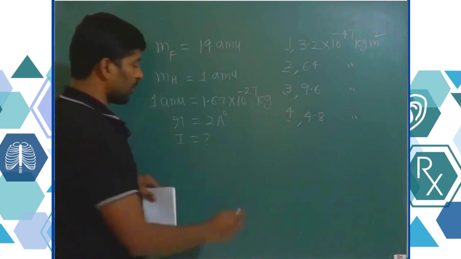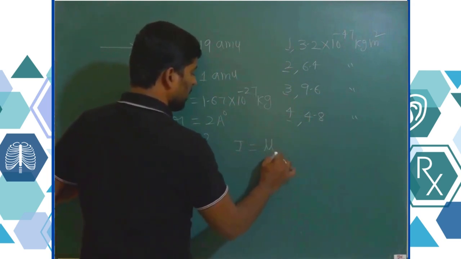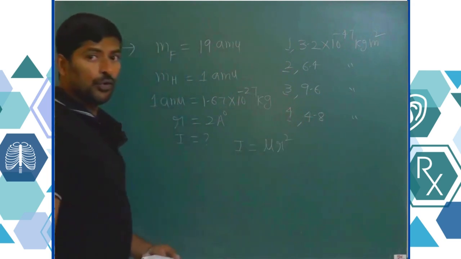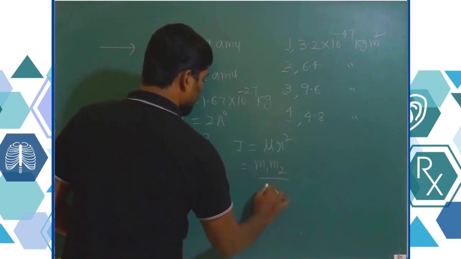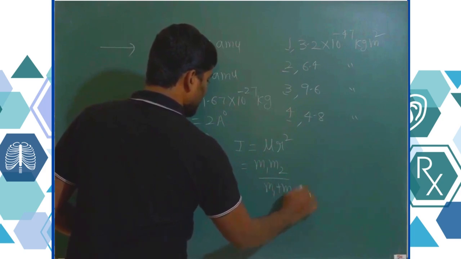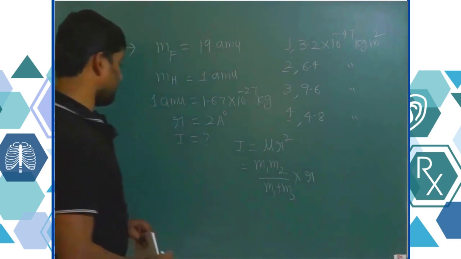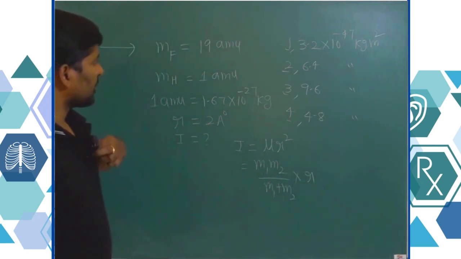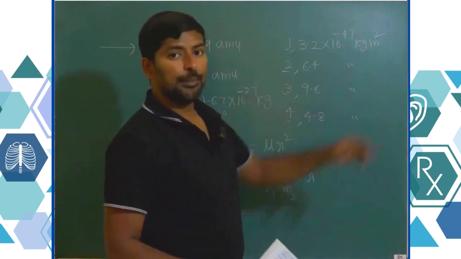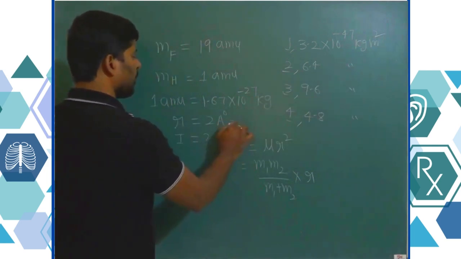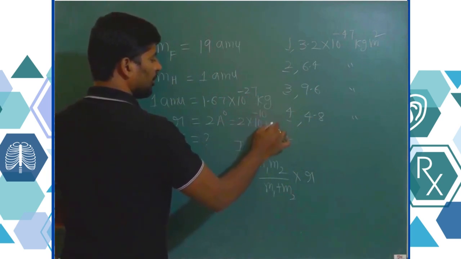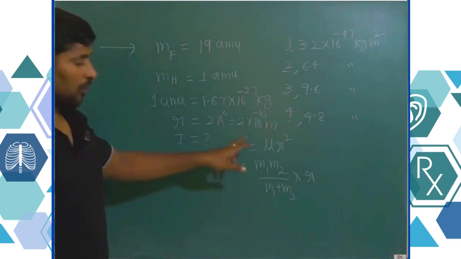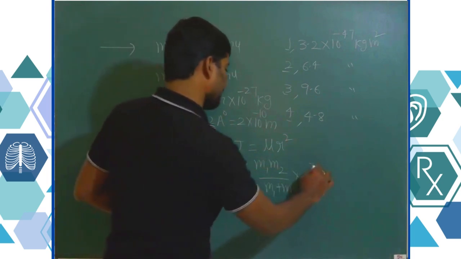So what is the expression for I for diatomic molecules? I is equal to mu r square, where mu is m1 m2 by m1 plus m2, and r is the bond length. Bond length is given as 2 angstroms, but we have to calculate in meters. 1 angstrom is 10 power minus 8 centimeters or 10 power minus 10 meters, so substitute r square.